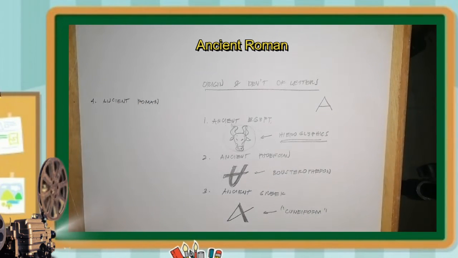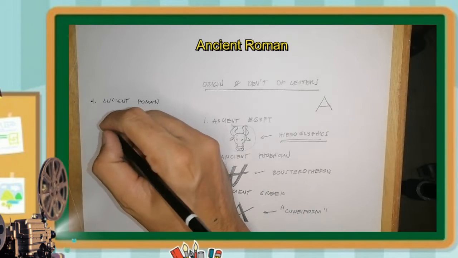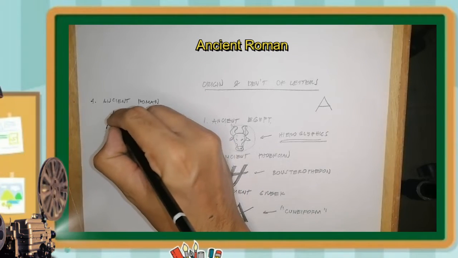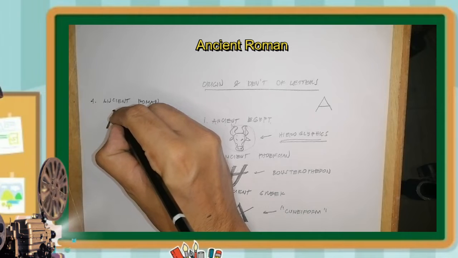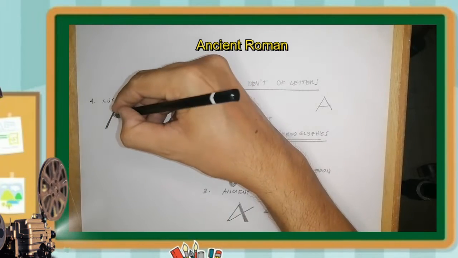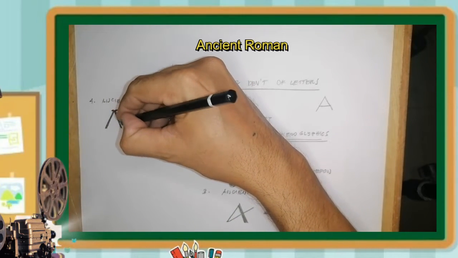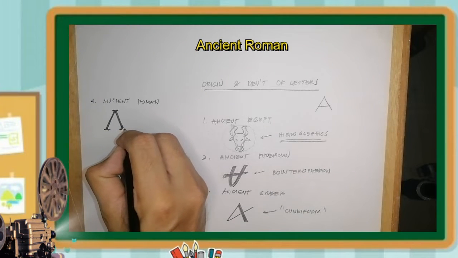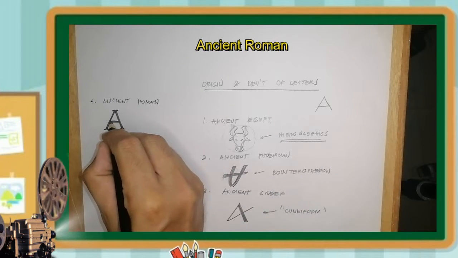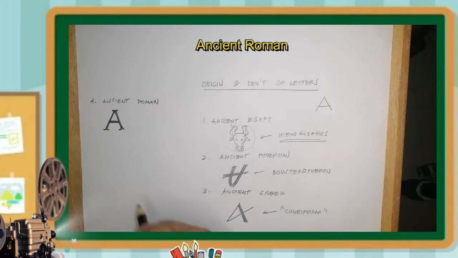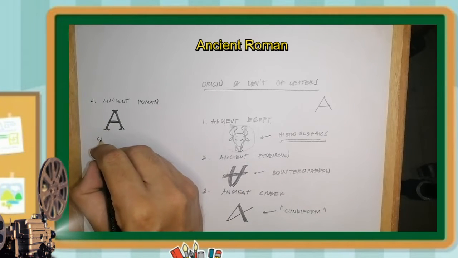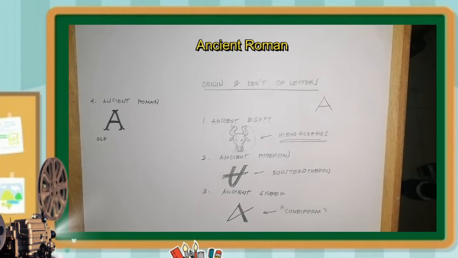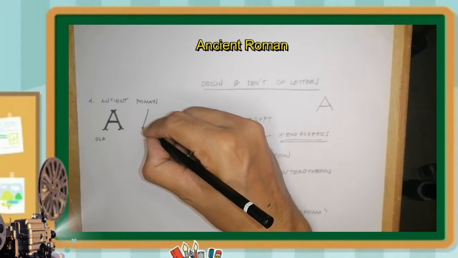Okay? Ancient Roman letter A looks like this. So halos kamukha na to ng letter A natin ngayon, no? So this is what we call the old Roman letter. Nowadays we have the modern Roman letters.